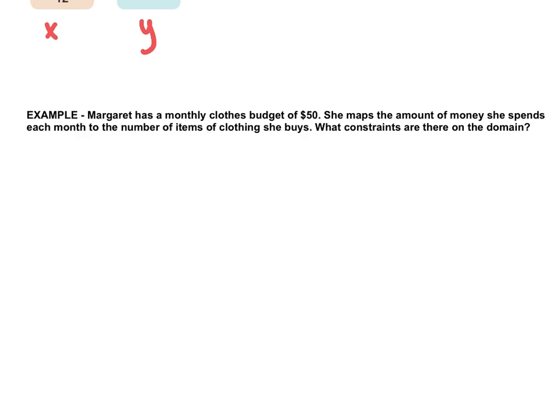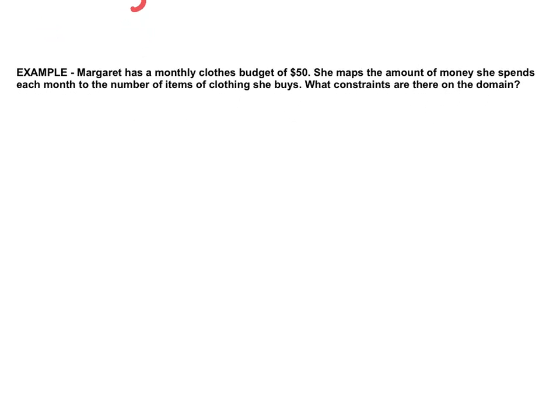All right, let's take a look at this last example here. It says, Margaret has a monthly clothes budget of $50. She maps the amount of money she spends each month to the number of items of clothing she buys. What constraints are on the domain? So let's think about this, all right? We have our domain, and we have our range, all right?